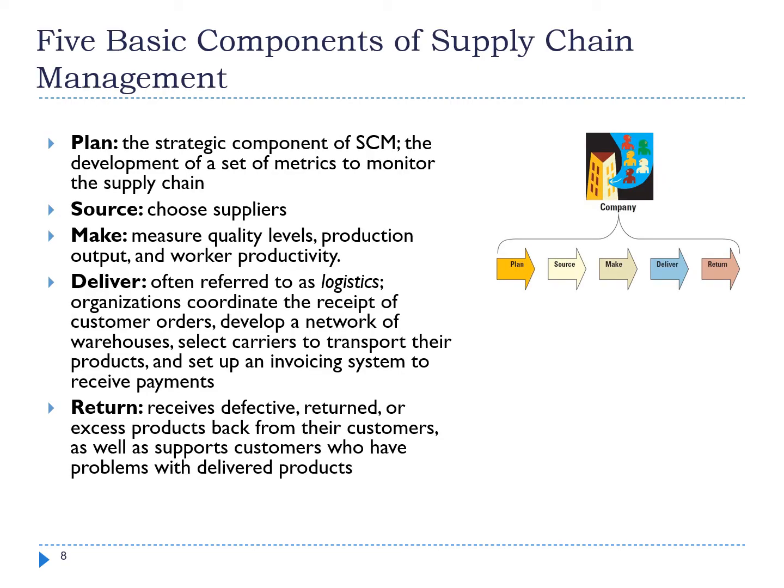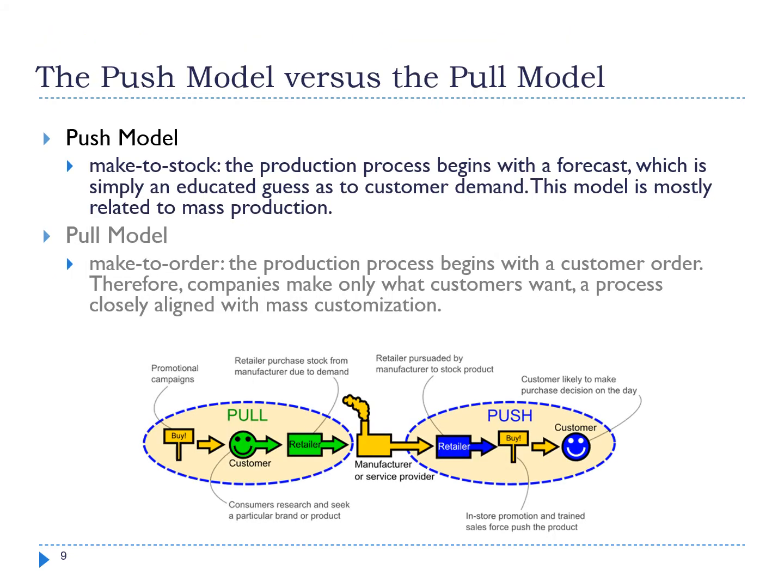What do you have to do to manage supply chain? You have to plan, source materials, in other words, choose suppliers, obtain materials, make product, deliver the product, and handle the returns.